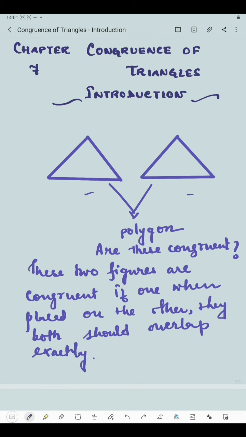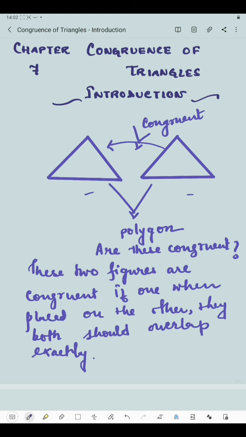Okay, so congruency says that two figures are congruent if when placed on the other they both should overlap exactly. If we move this figure over this figure, we can see that it overlaps exactly. It means these two are congruent.